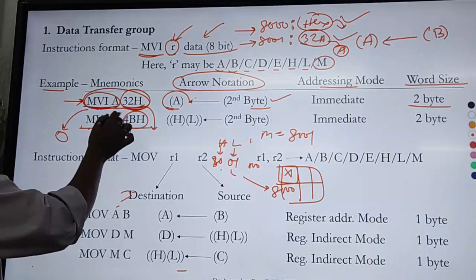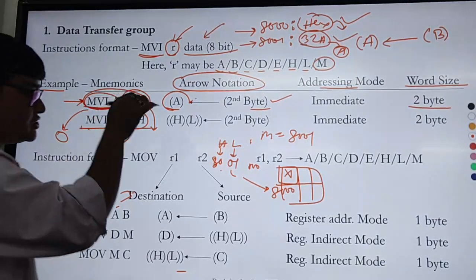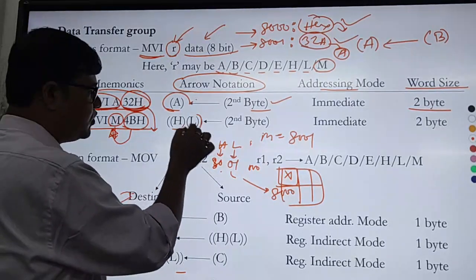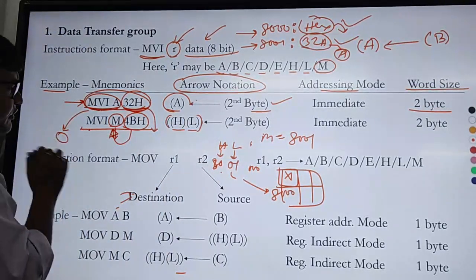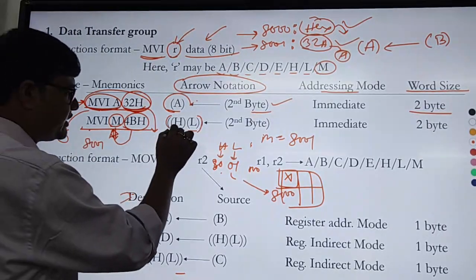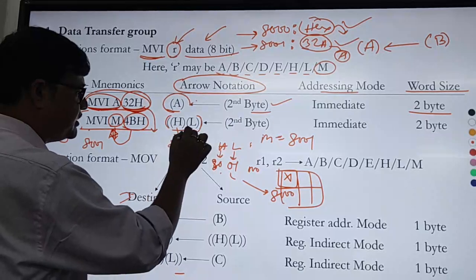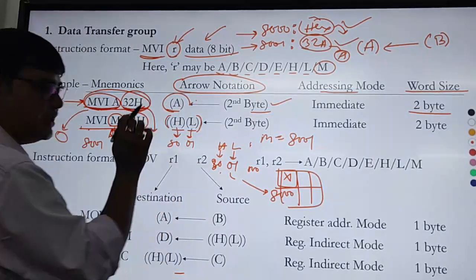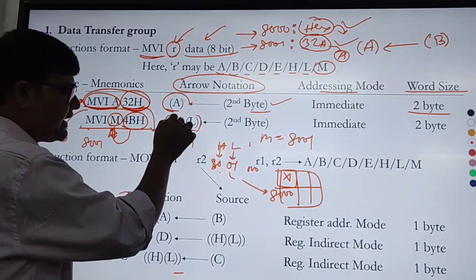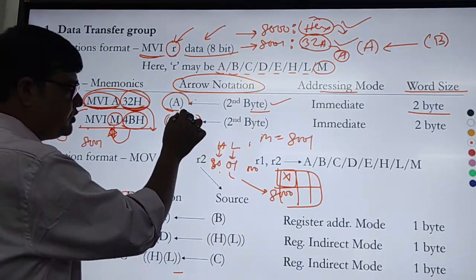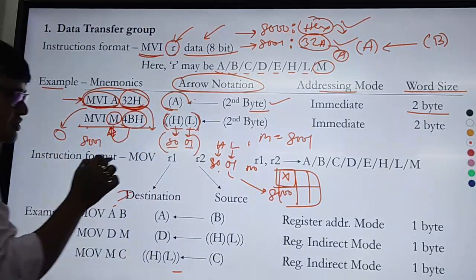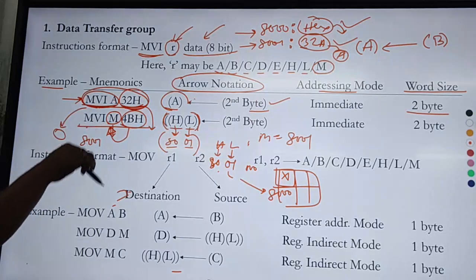M is like a pointer. So that is how we define H within a bracket, L within a bracket, and the whole bracket. Say if you are going to store 4B in 8001, store 80 in H and 01 in L. H alone denotes the H register itself, H within a bracket denotes 80, L within a bracket denotes 01, and the whole bracket denotes the content of 8001.